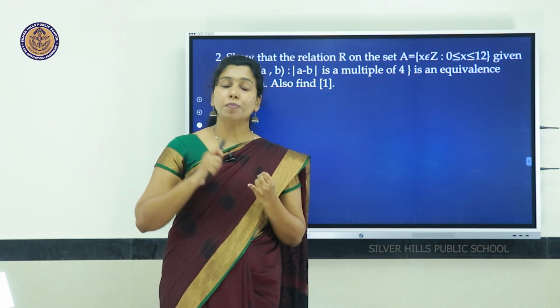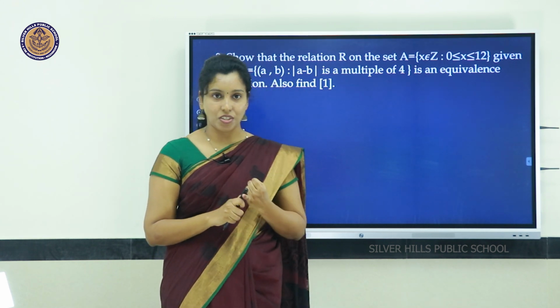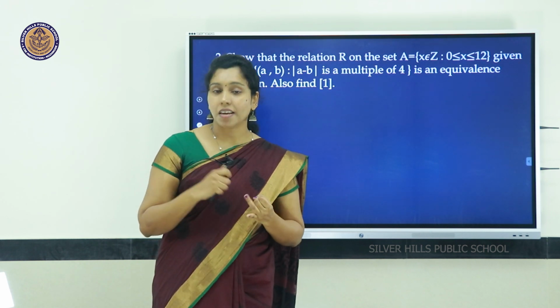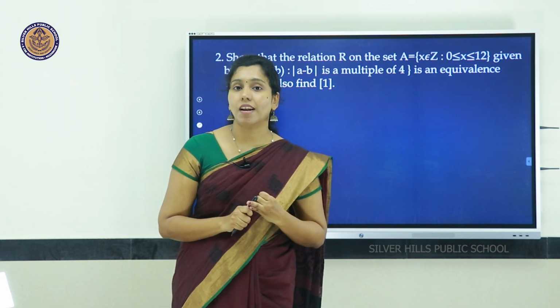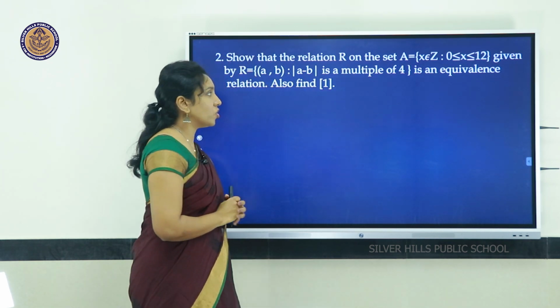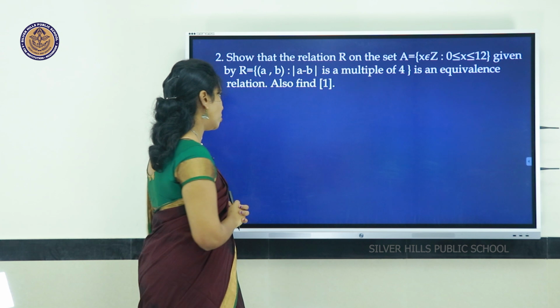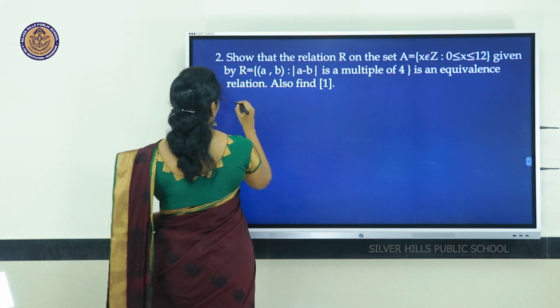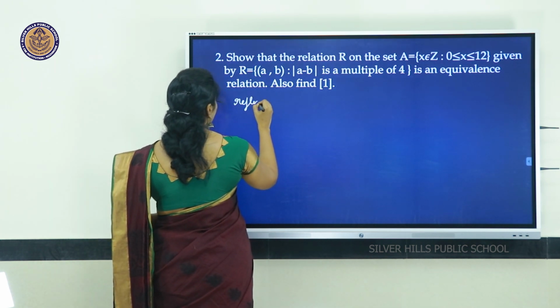First of all, we need to prove that it is an equivalence relation, which we know. And the second part says find equivalence class 1. So, we will do the first part, that is, we are going to prove this relation is an equivalence relation. So, first one, reflexive.